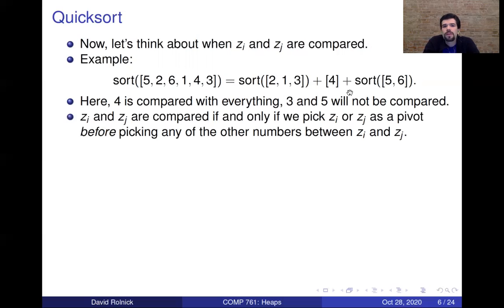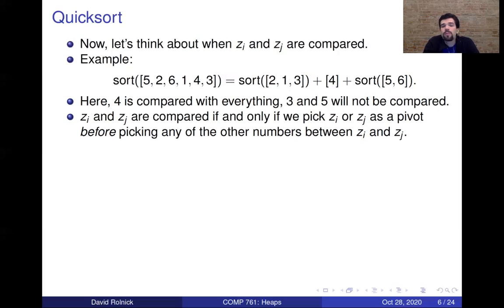If we pick a pivot between z_i and z_j, then we will have divided the list into a list of things before that pivot and a list of things after that pivot. And so z_i and z_j will never be compared. Like if z_i was 3 here and z_j was 5, they'd never be compared. However, if z_i or z_j were 4, then no matter what the other one is, they will be compared.